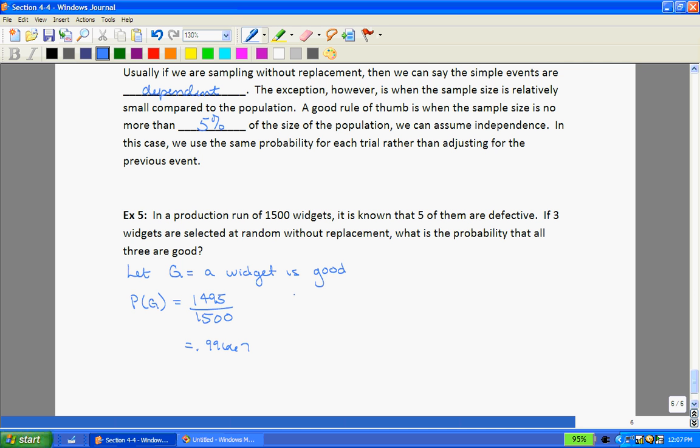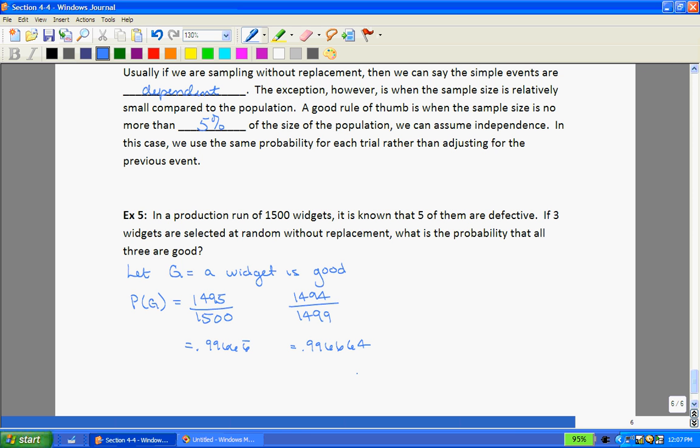But if I were to stick to my guns about it being without replacement, I would say the probability of the next one being good would be 1,494 over 1,499. Well, that is 0.9966, and the 6's keep going forever.